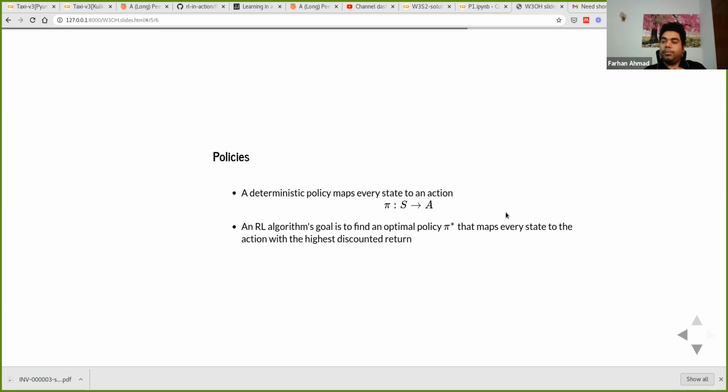It could also be like an epsilon greedy policy, which is stochastic. So that will take two inputs. It will take a state and action pair, and it will produce a probability. It will tell you, okay, with this probability you can take this action. With this probability you can take this action. So again, this will assume two different forms depending on whether your policy is deterministic or not.